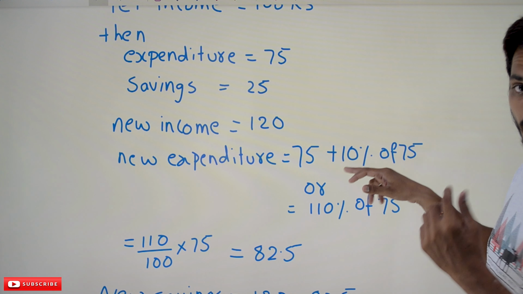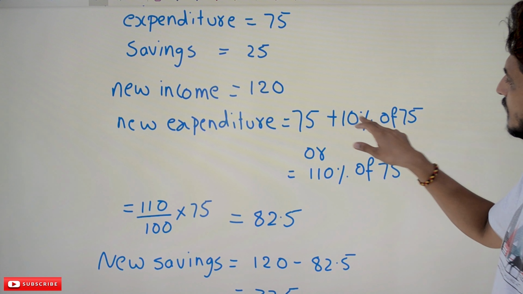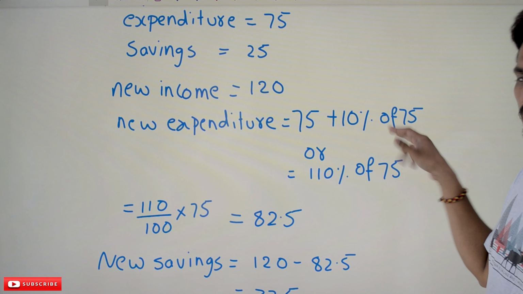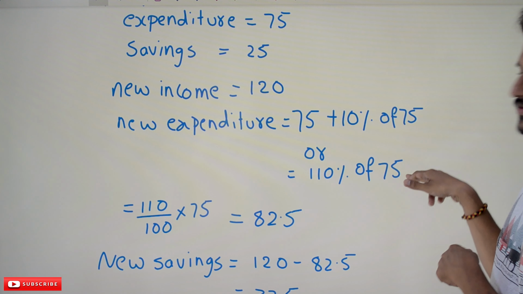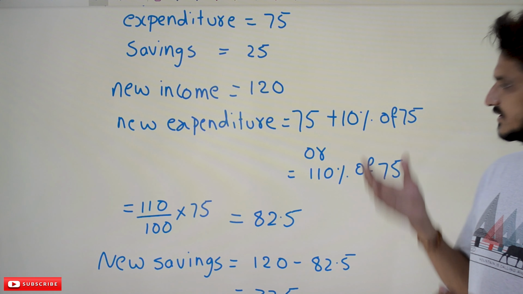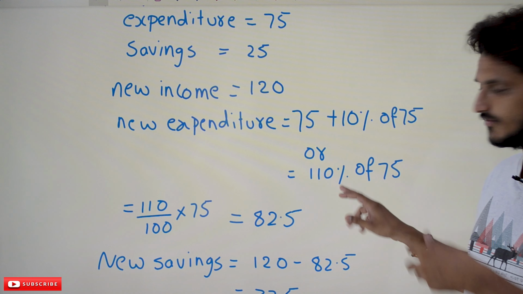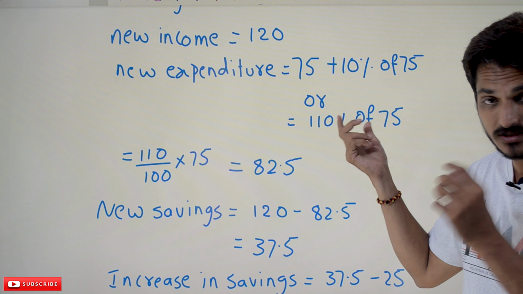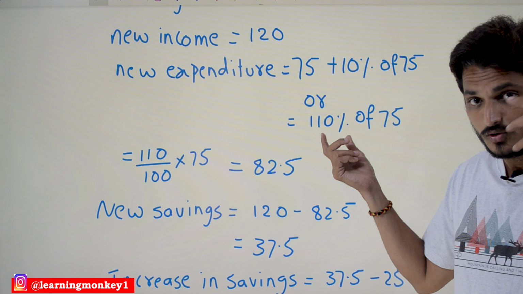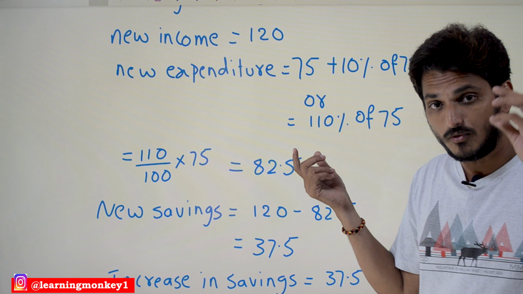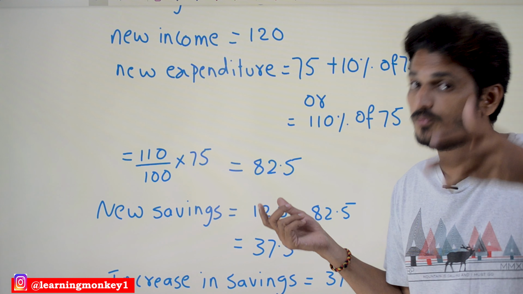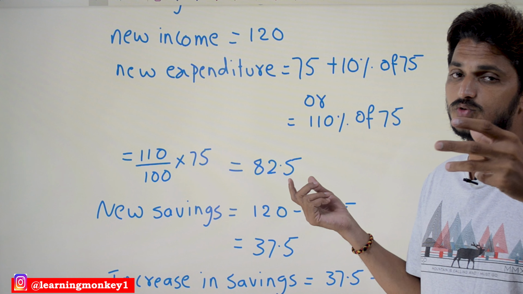This can be written in another way, 75 plus 10% of 75, otherwise 110% of 75, which is going to get the same value. So 110% of 75, these basics, whenever these basics come into your mind, you have to get the formula which we discussed in our previous classes and some examples which we have done.